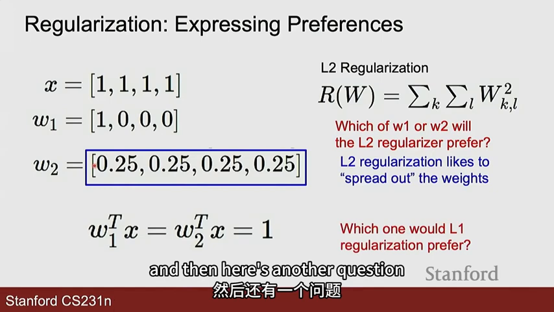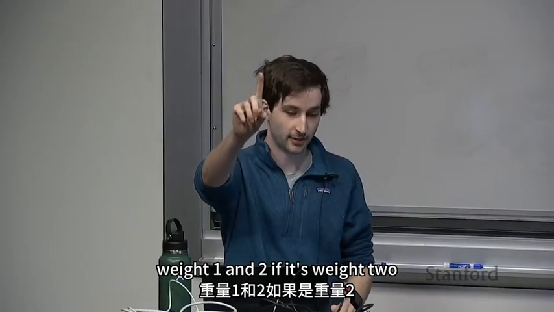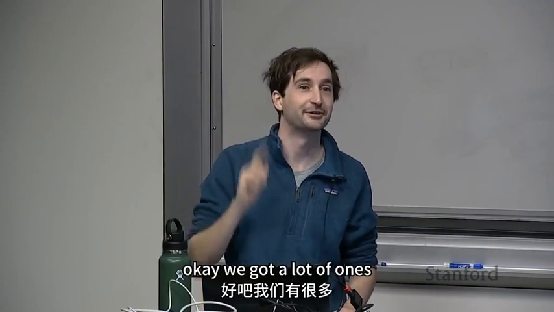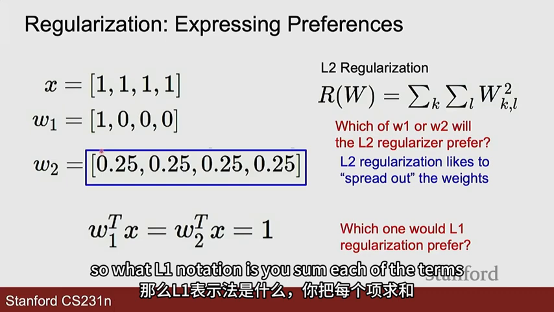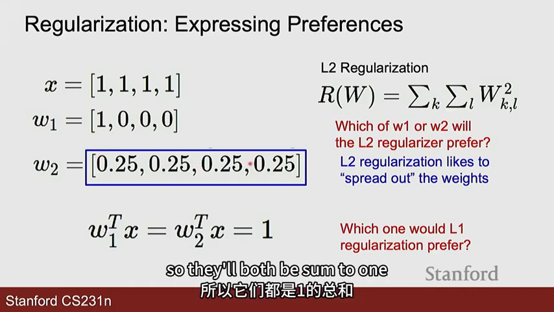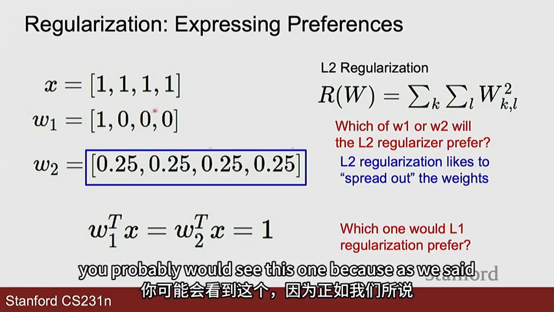And then here's another question. Which one would L1 prefer now? So you do 1 if it's weight 1 and 2 if it's weight 2. Okay, we got a lot of 1s. This one's actually a bit of a trick question. What L1 regularization does is sum the absolute values of each of the terms, so they'll both sum to 1. In practice, you probably would see this one because, as we said, of the sparsity.